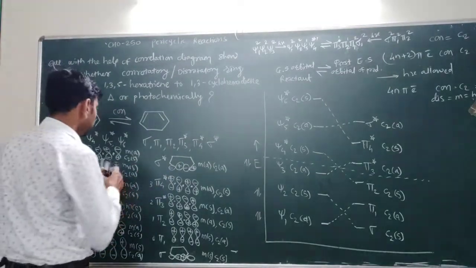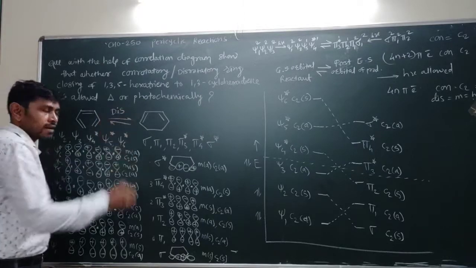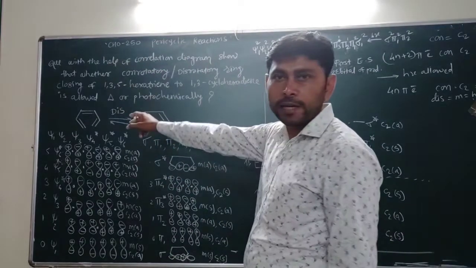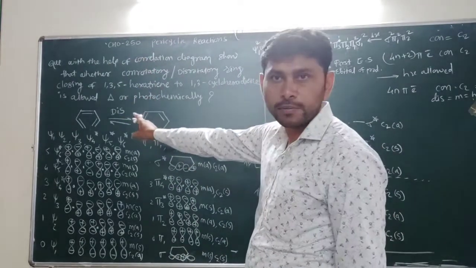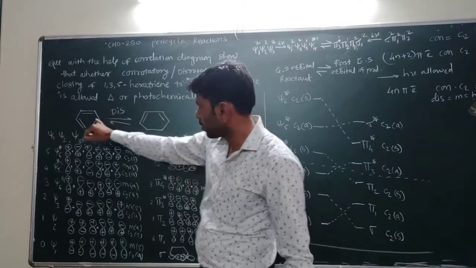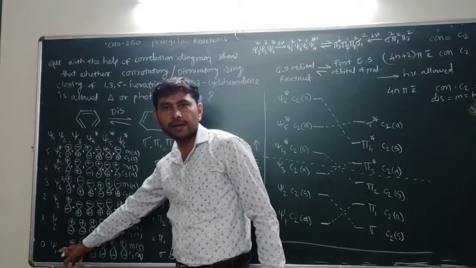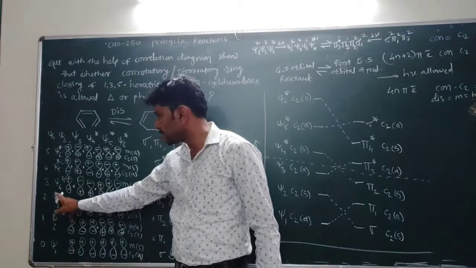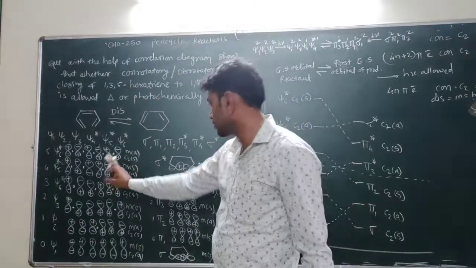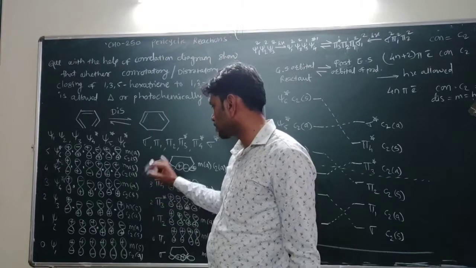Let's see the changes. We write the general reaction by the disrotatory mode of activation. Now in this mode, we first show the general reaction, then draw the reactant orbitals psi1, psi2, psi3, psi4 star, psi5 star, psi6 star, and the product orbitals sigma, pi1, pi2, pi3 star, pi4 star, sigma star.